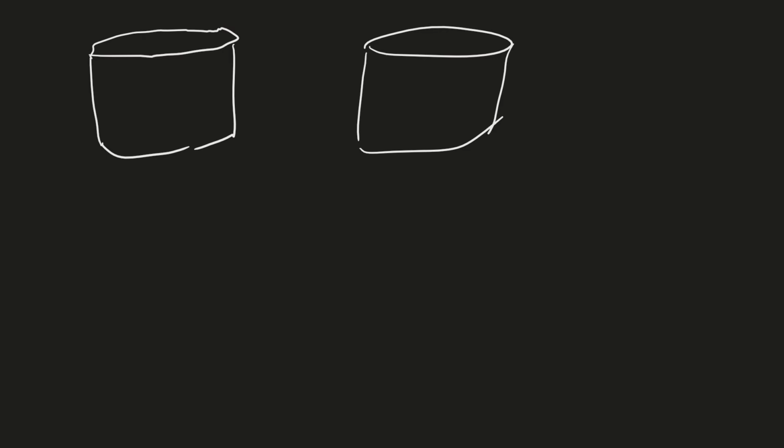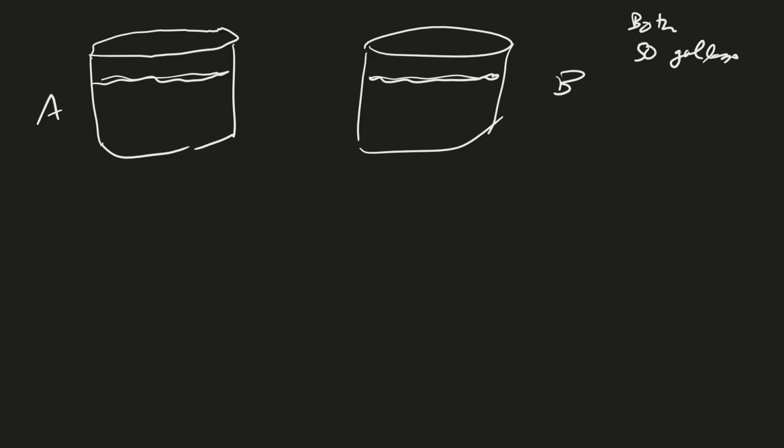So we're going to be using a couple of tanks, tank A and tank B. Let's say both tanks have 50 gallons to start with, and let's say that they're both pure water to start with.